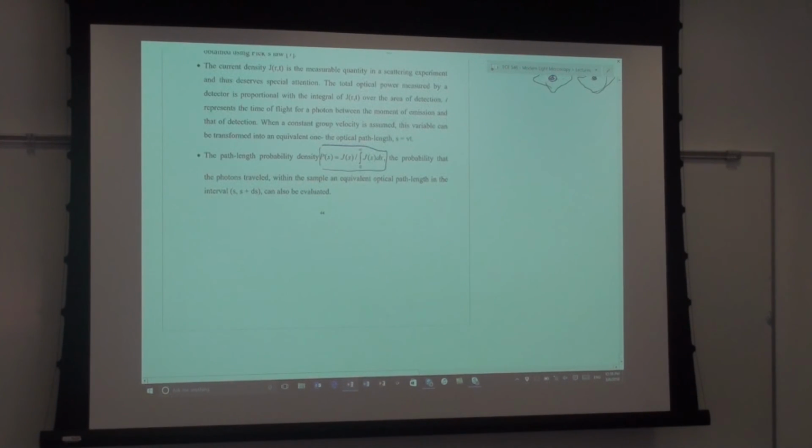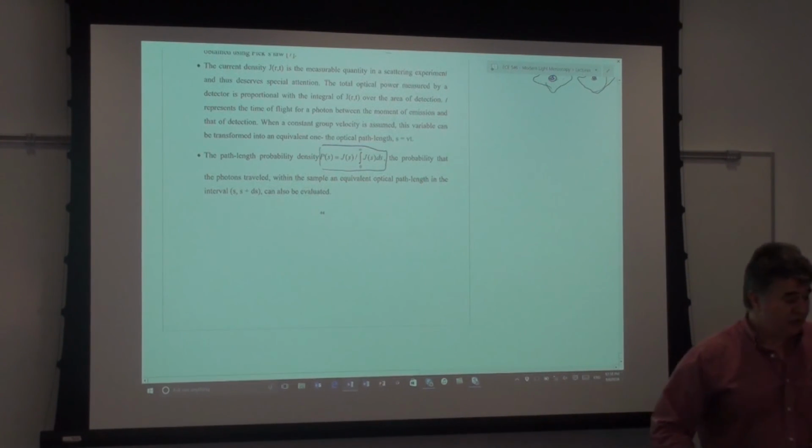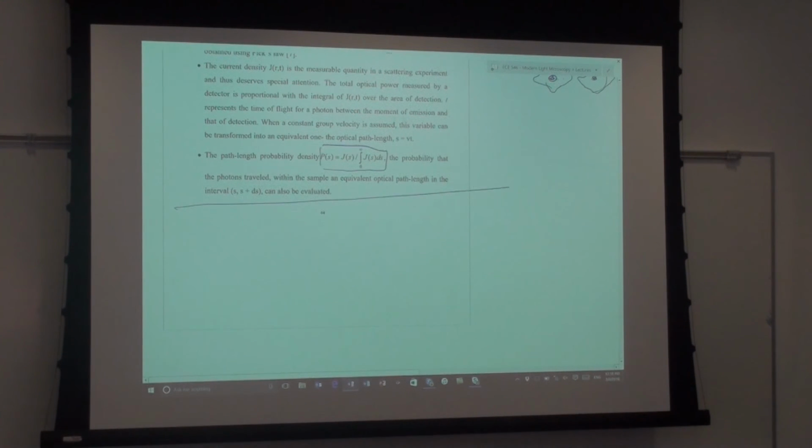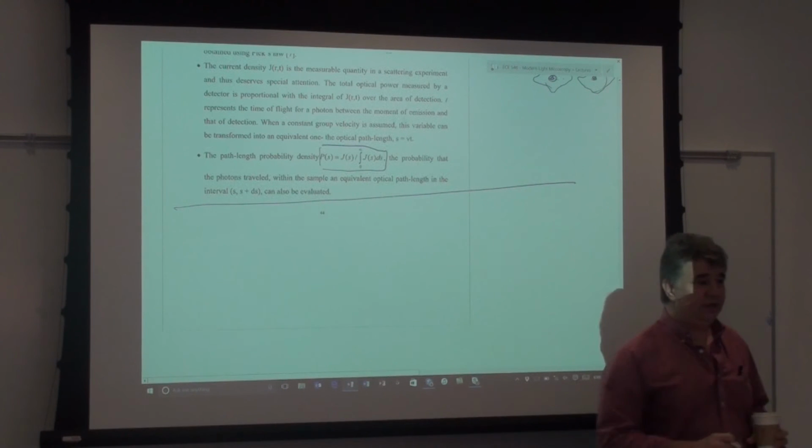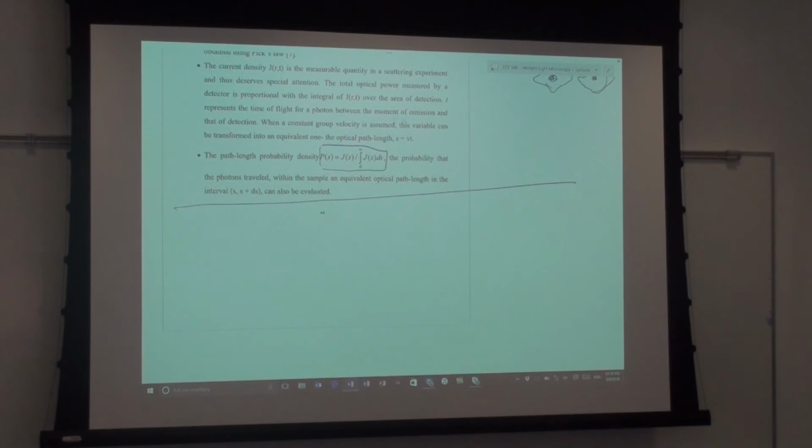phenomena that happen. For example, since we have 2 minutes left, there's an interesting coherent effect that happens even if you have very strongly scattering media. So imagine I have a semi-infinite medium here, mu s, no attenuation. And I have a plane wave incident, and I have the light coming out, let's say this way, okay, scattered.